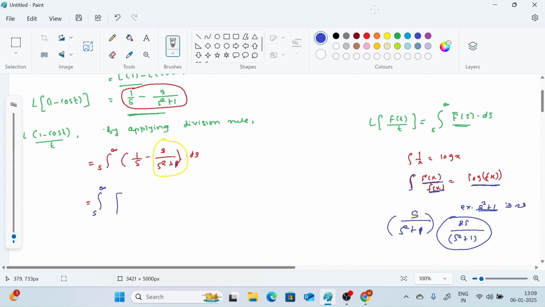I can multiply and divide this term by 2, because I'm balancing it. So 1 upon s minus 2s upon 2 into s square plus 1.